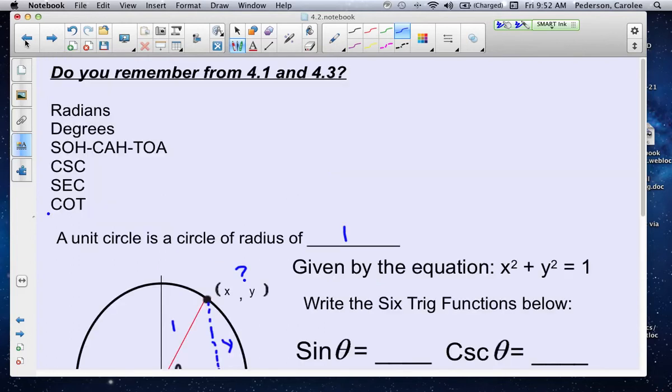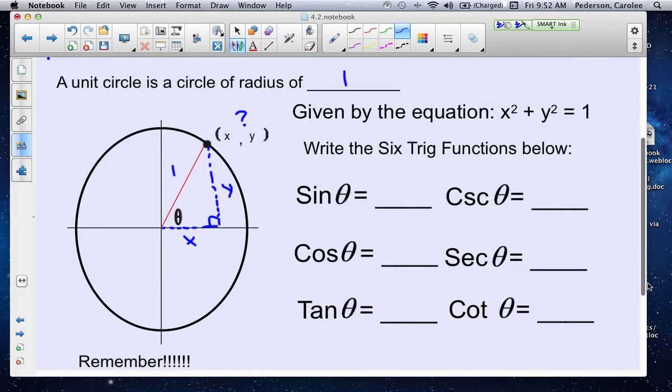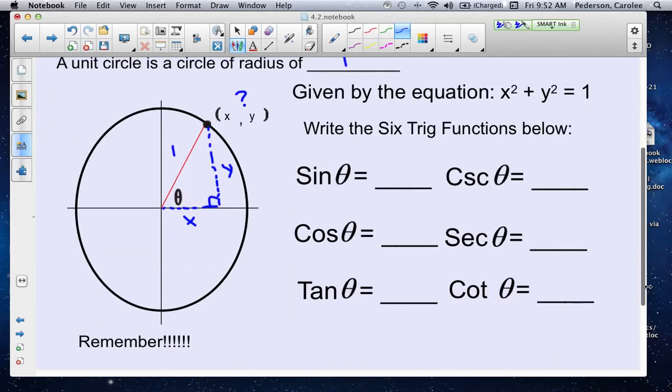All right, so moving back to the unit circle. When we use the unit circle, it allows us to find the 6 trig functions. The sine, the cosine, the tangent, the big 3, and its inverses. The 2 important pieces from the unit circle that we're going to take from it is the x and the y.